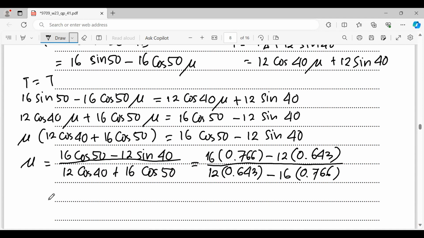If you calculate and divide, the result is 0.233.